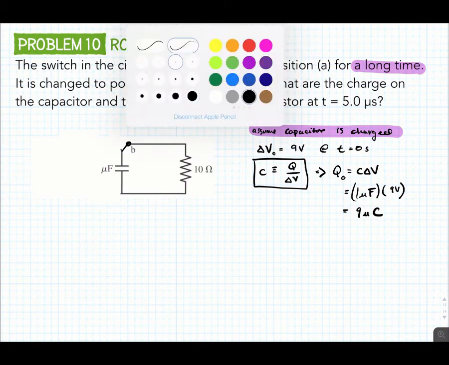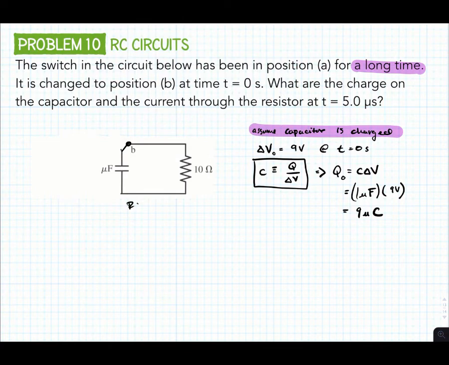At time equals 0, we know that delta V is 9 and our initial charge is 9 microcoulombs. So we can just use our formula for charge over time, which is Q naught e to the negative t over RC.